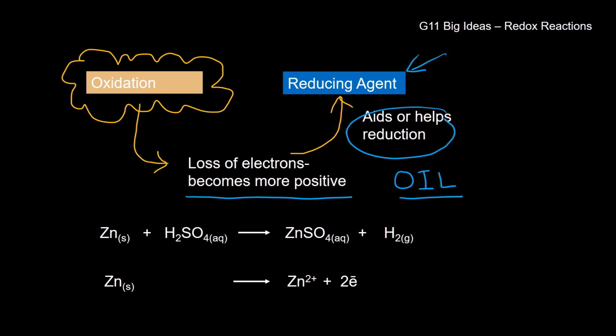So let's have a look at these equations that I've got out here. Zinc, remember, is a neutral pure substance, and so its oxidation number is 0. We have another one here, and that is hydrogen gas. So we can also put a 0 above hydrogen gas because it is a pure substance.